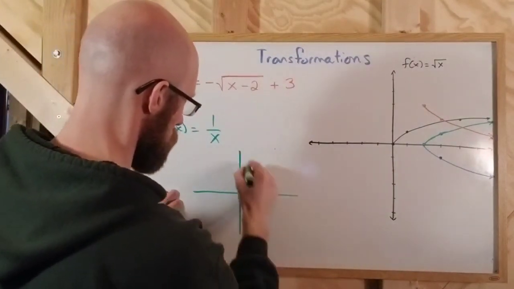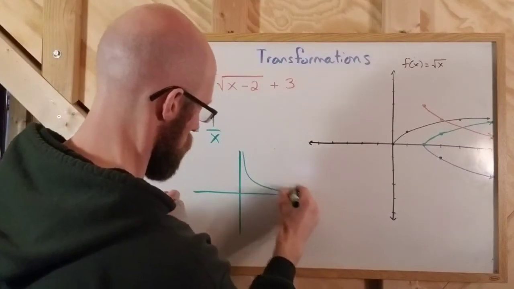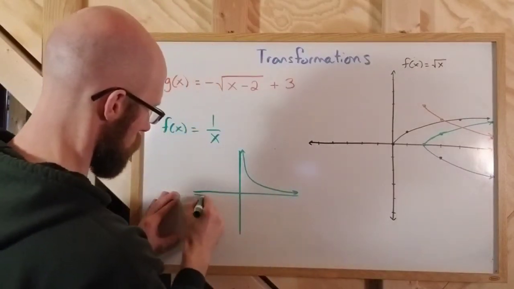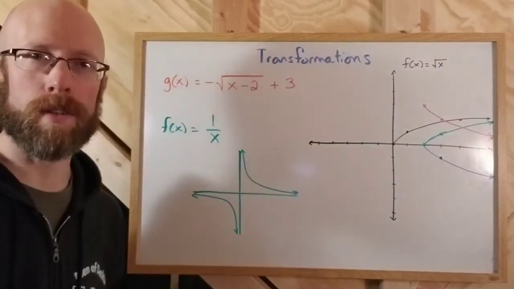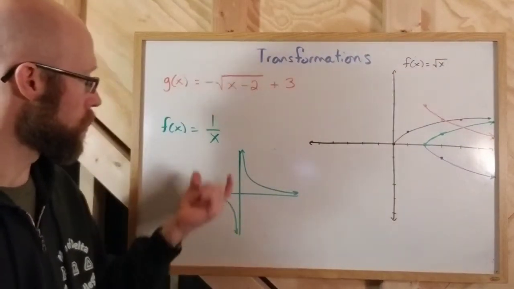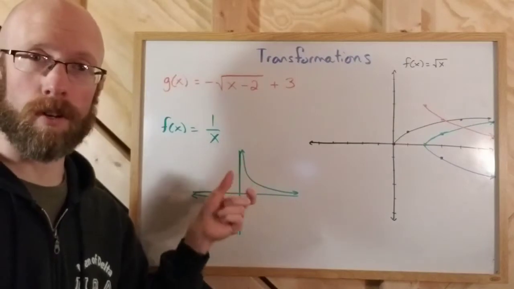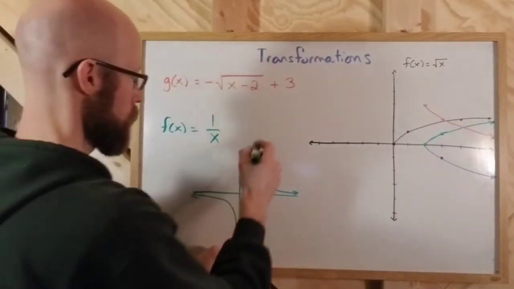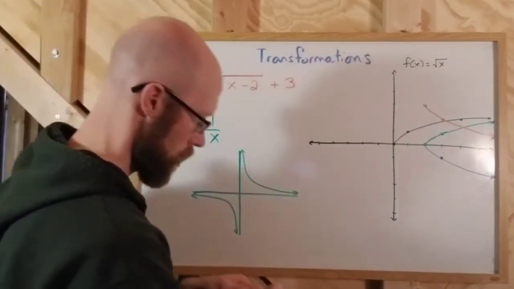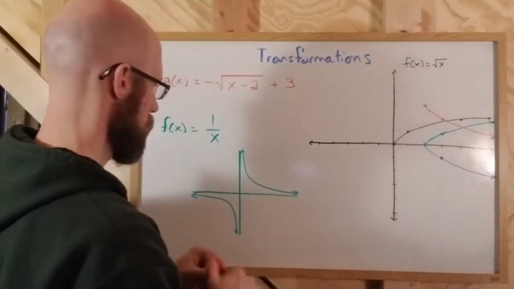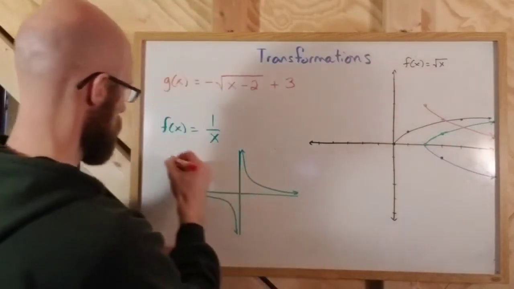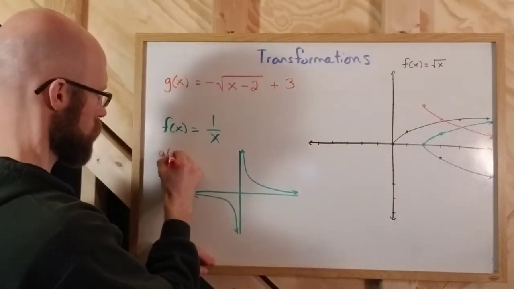That function, its graph, is in the first and third quadrants. Now, if I were to do a vertical reflection of that graph, let's plot that in red. Let's do that as g of x.